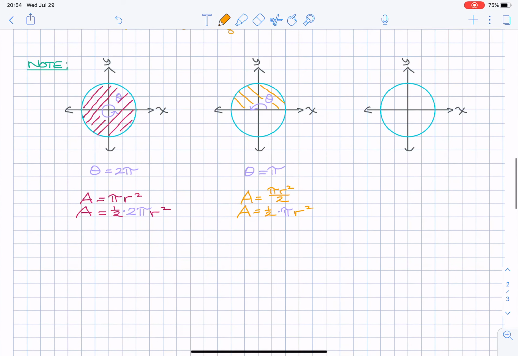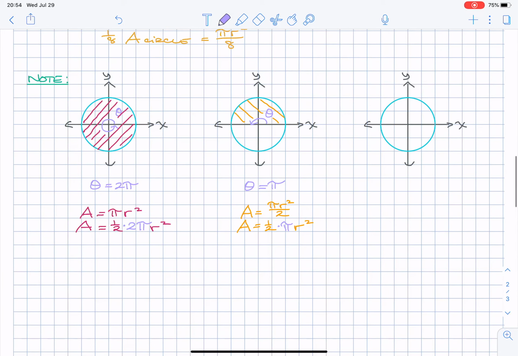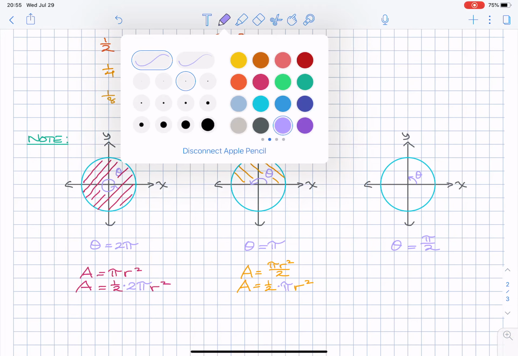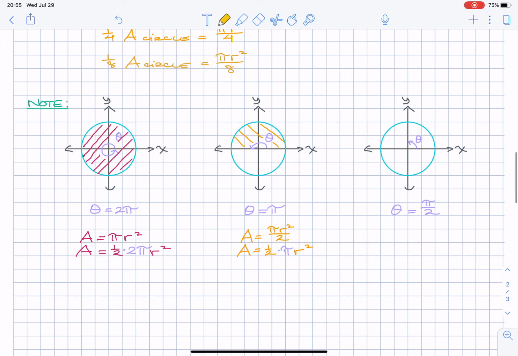Okay, let's do another one. Let's do the 90 degrees. So let's have theta just go from 0 to 90. So theta will be 1/4 of 2 pi, so that's going to be pi over 2. And the area, yeah, I didn't color code very well.